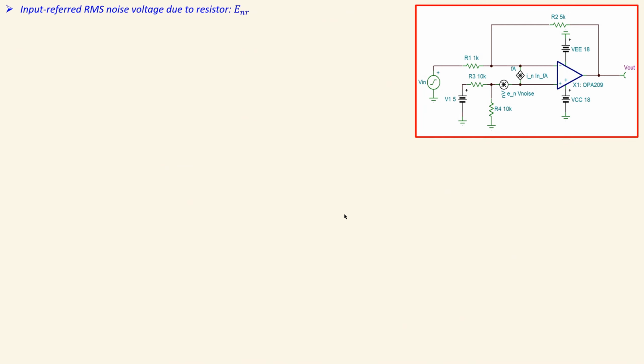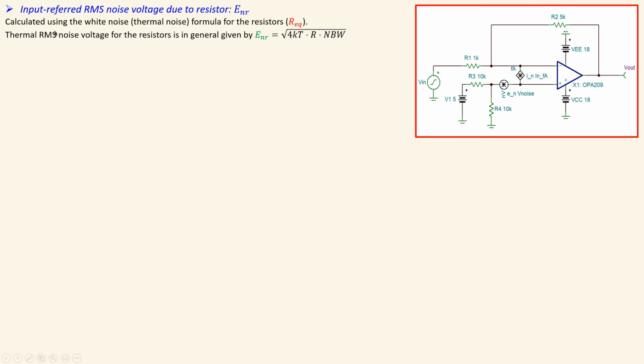The next part, the third part of our input referred RMS noise voltage, is the input referred RMS noise voltage due to the resistors only, which is given by this symbol. That is calculated using the white noise or thermal noise formula for the resistors, and of course we'll look at the equivalent resistors here.